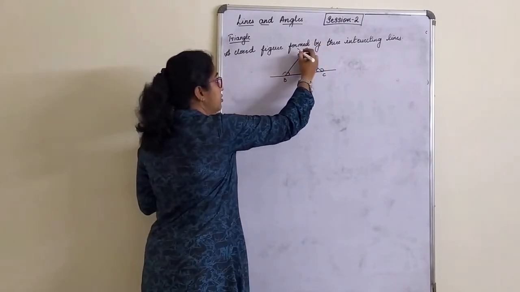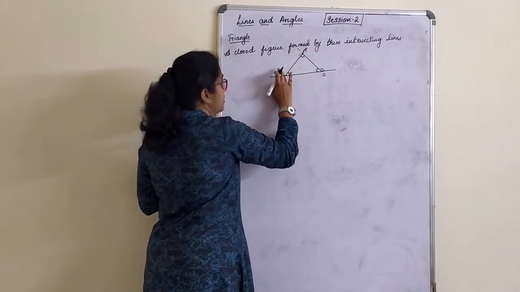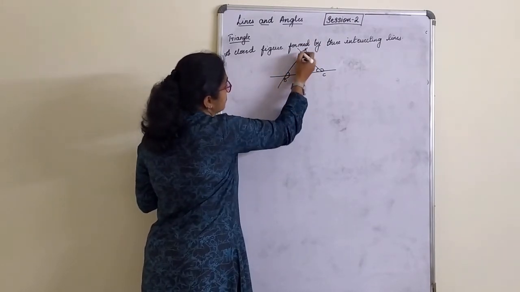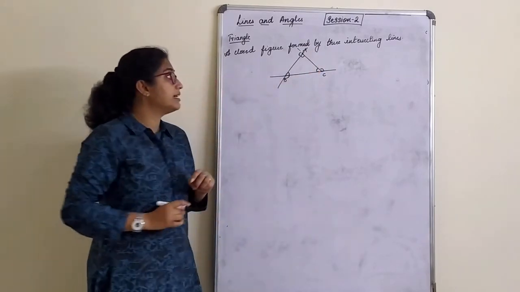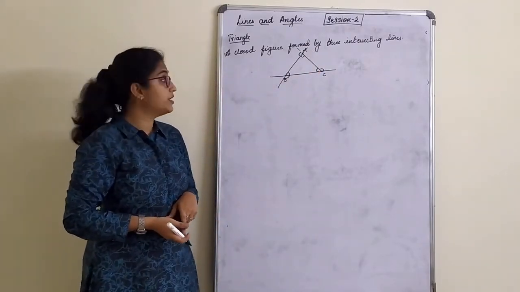Sorry children, vertically opposite. So what I will do here is, yes, these are called exterior angles of a triangle.